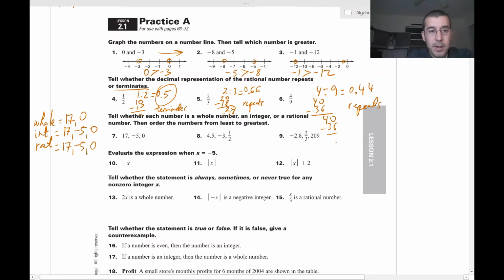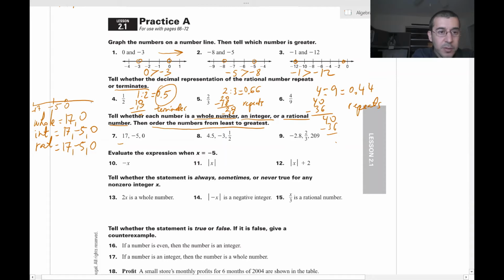That's number 7. That's tell whether each number is a whole number, integer, or a rational number. Then order the numbers from least to greatest. So if you have on a number line these 3 numbers, so 0, then we have minus 5 is going to be somewhere there, and then 17 is going to be all the way there. Actually, this is plus 17.